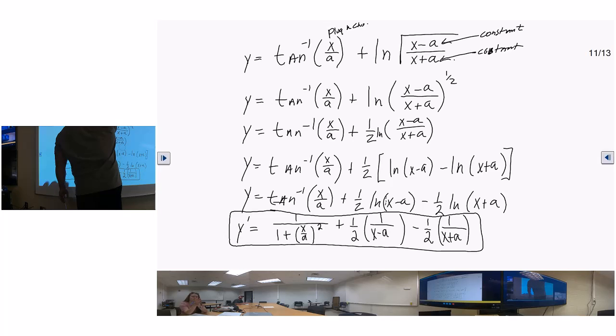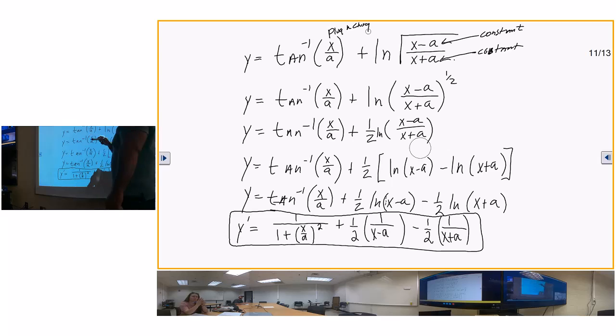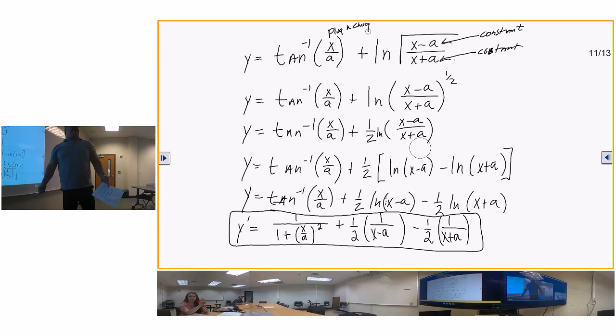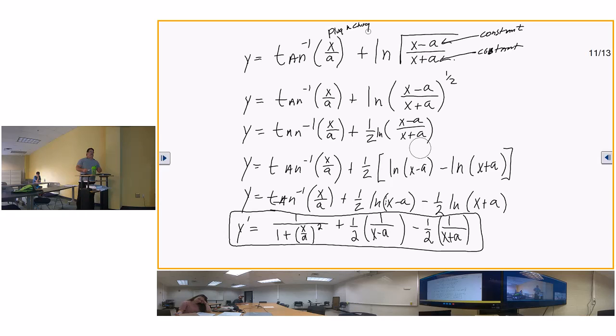This is plug and chug, so you're not going to do anything with this anyway, as far as taking the derivative of it, so you don't have to worry about it. Hopefully you see now why I wanted to test you so much on the basics and then the logs. Because now this shouldn't be that much trouble.